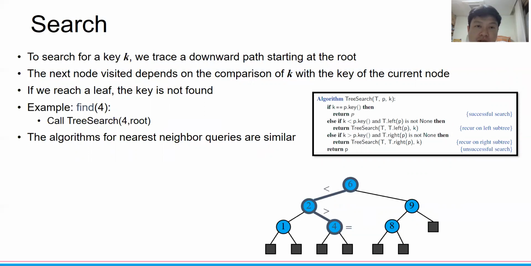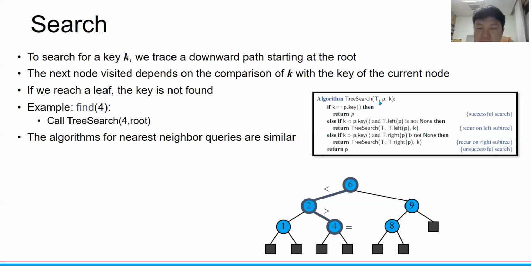We trace a downward path starting at the root, and the next node visited depends on the comparison of k with the key of the current node. If we reach a leaf, then the key is not found. So if I want to find 4, I would start from the root.